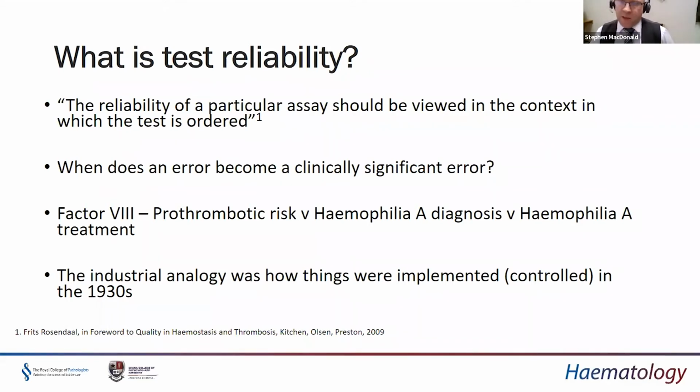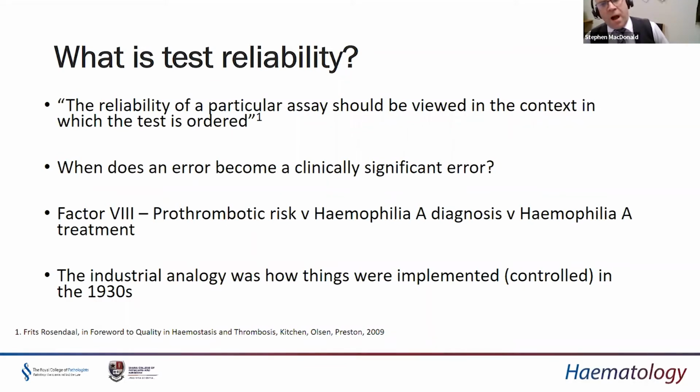And that means things get a little bit complicated, because the expectations which I alluded to earlier need to be in the context of what the clinical utility of that result is going to be. And that might be different for the same test, because the same test can be used in wildly different scenarios.